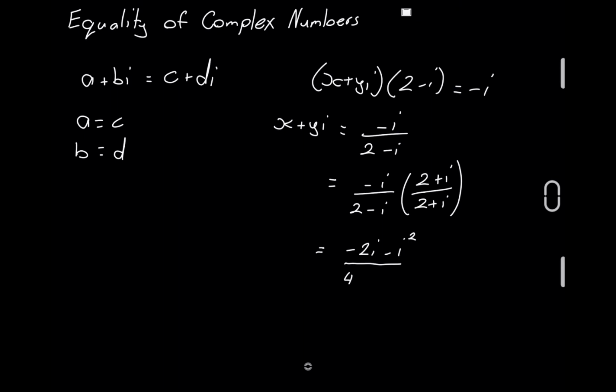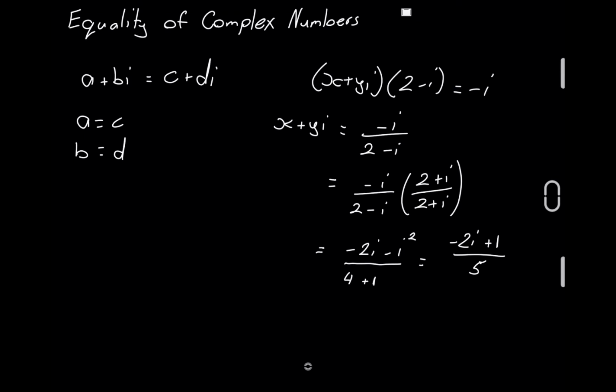Take i squared, which we know is just going to be minus 1, so plus 1 in this case. So up the top here we end up with minus 2i plus 1, divided by 5.